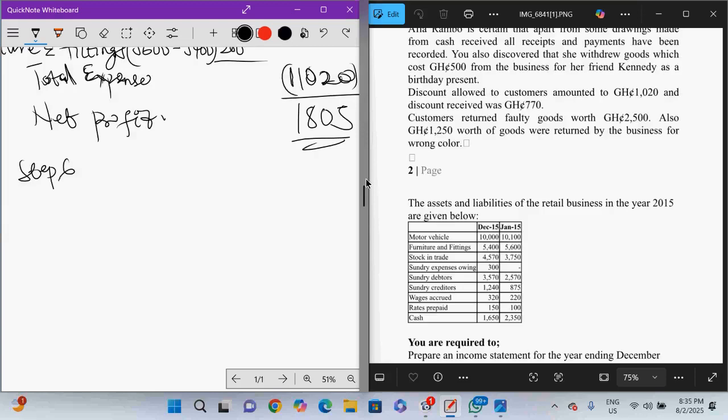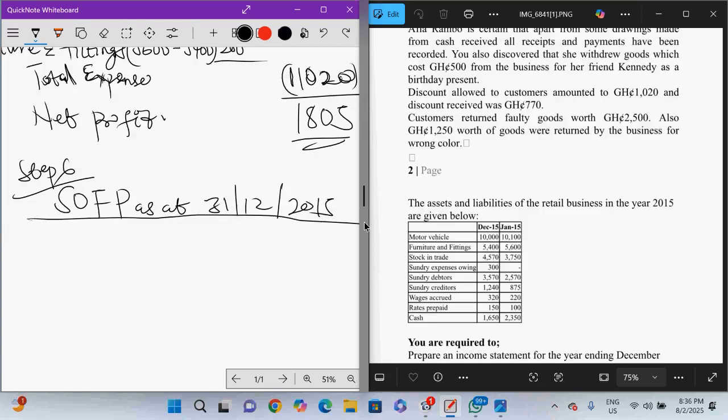Then the last step, step 6, which is the financial position that the person wants. Statement of financial position as at 31st December 2015. Right.